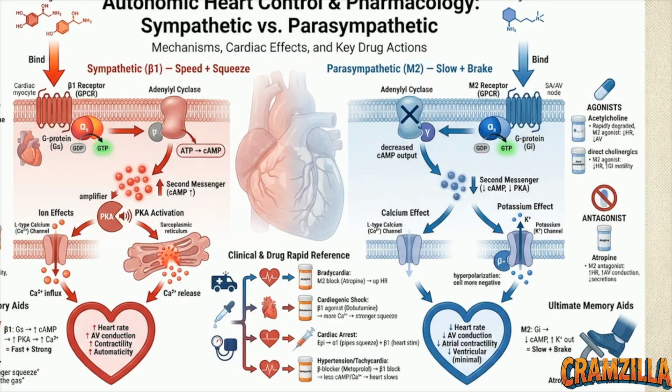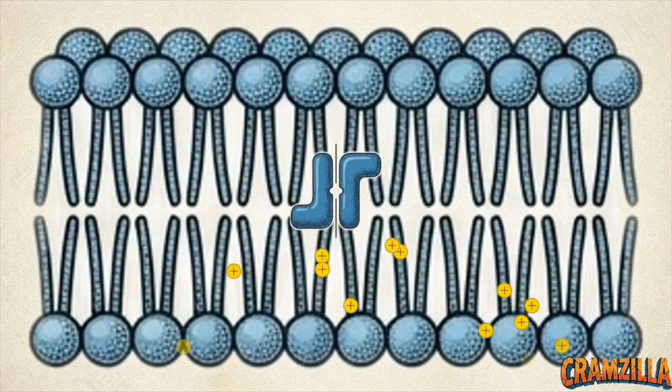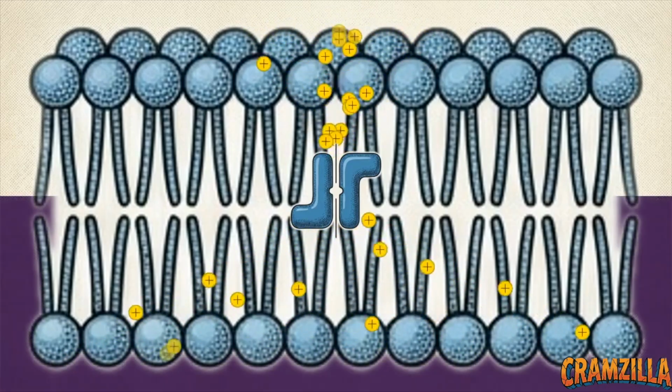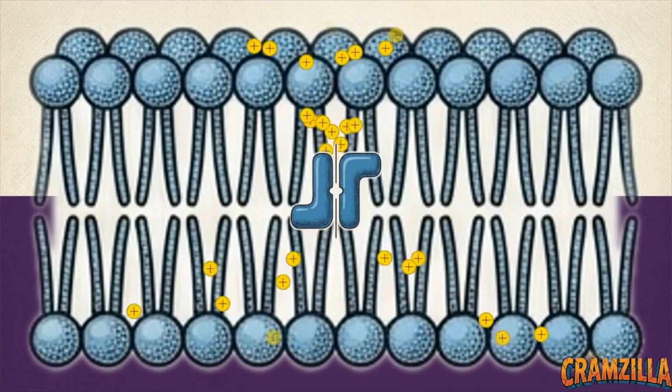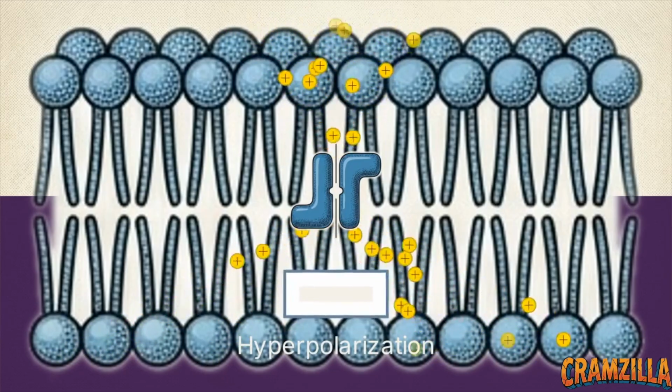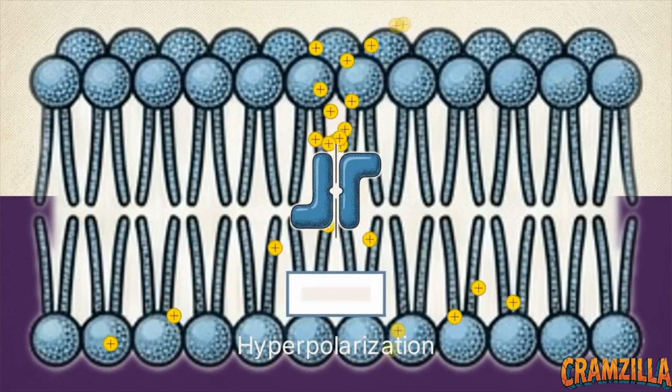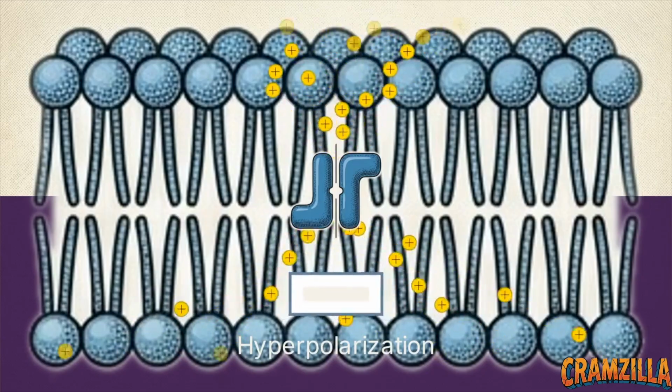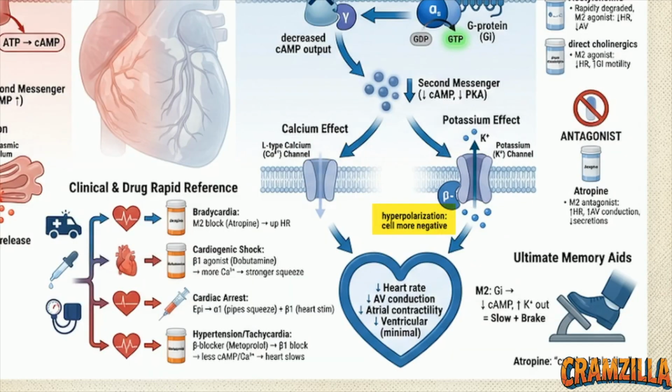With these channels fully open, massive amounts of positively charged potassium ions rapidly rush out of the cell. Because positive charge is escaping, the interior of the cell becomes intensely more negative compared to its resting state, an electrical condition called hyperpolarization. A highly negative, hyperpolarized cell takes much longer to build up enough electrical charge to reach its firing threshold. This drastically slows the firing of the SA node and delays conduction through the AV node, effectively applying a hard brake to the heart.